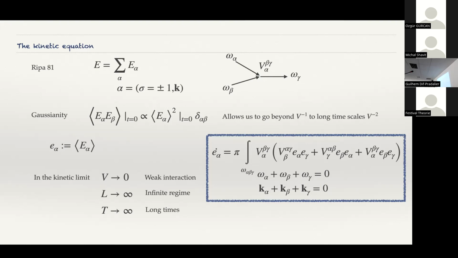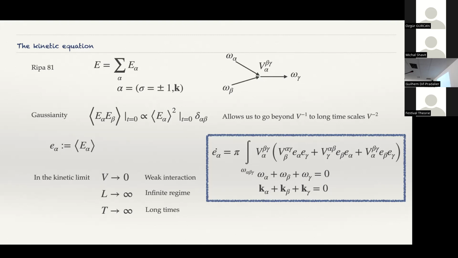So if Z alpha is the amplitude of the wave alpha with wave number k, I'm going to assume that the initial data at time 0 are uncorrelated.